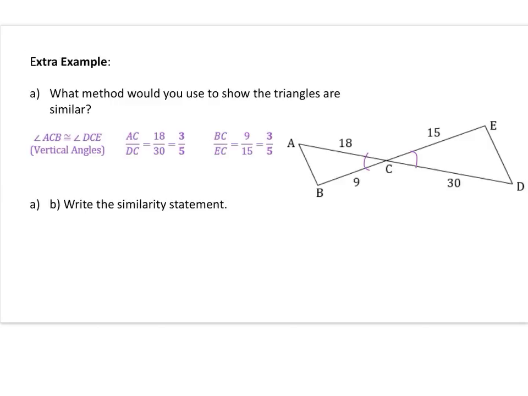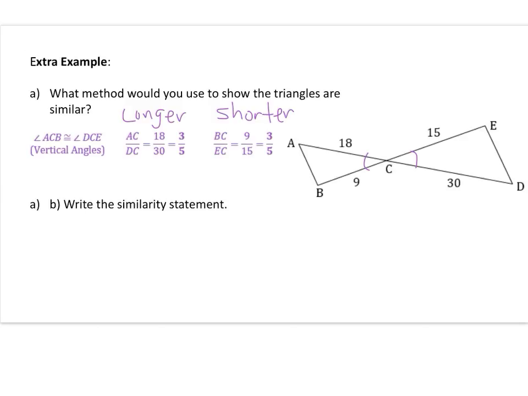So setting up your proportions, do the shorter sides and the longer sides. So you have your 18 and your 30. These are your longer sides. And then you compare by a 3:5 ratio when you reduce your fraction, and then compare your shorter side. And that comparison reduces down to a 3:5 ratio as well.